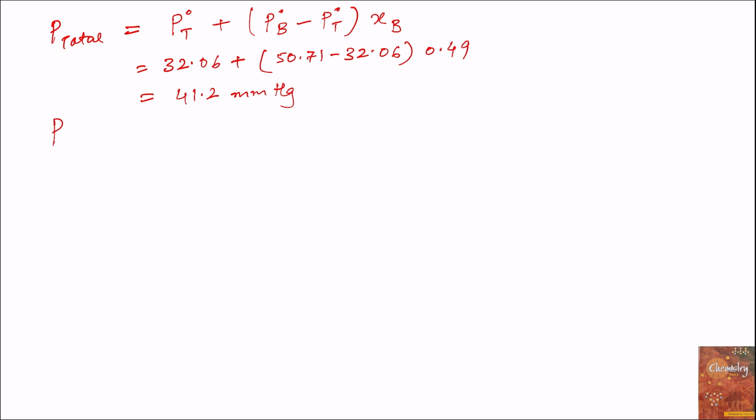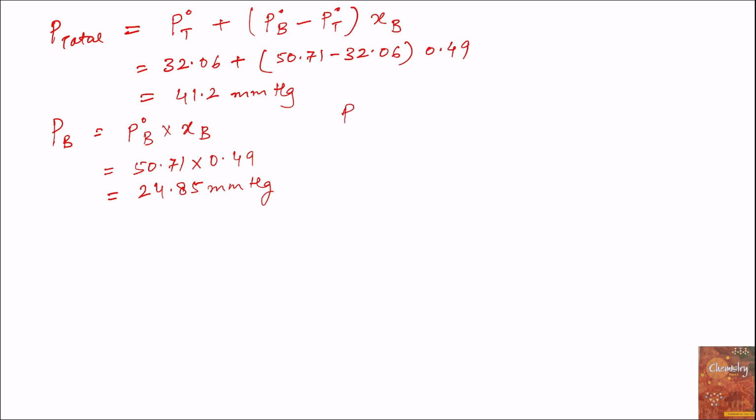Now partial pressure of benzene will be equal to pressure of pure benzene multiplied by mole fraction of benzene. This is equal to 50.71 multiplied by 0.49, which is equal to 24.85 millimeter of mercury.